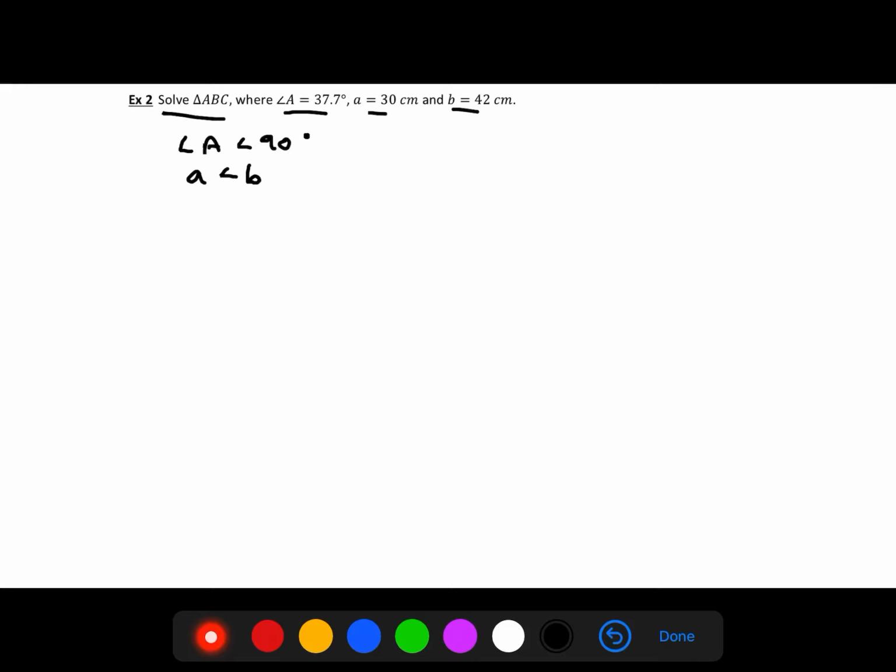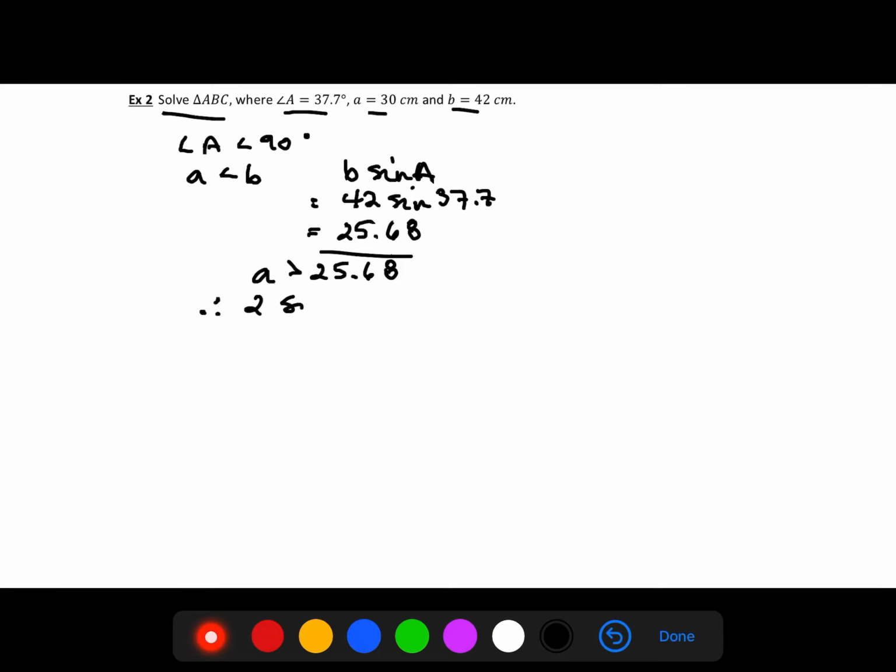Angle A is less than 90 degrees. We know that a is shorter than b. So now we have to take a look at b sine A. We're going to calculate the height of what this triangle would be. So b, 42 times the sine of 37.7, and when we do that, we get 25.68.